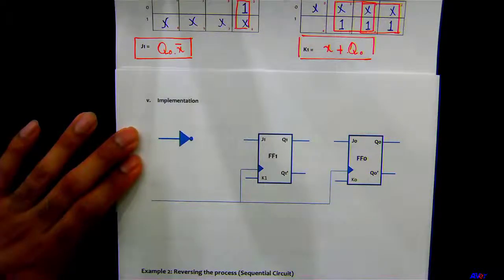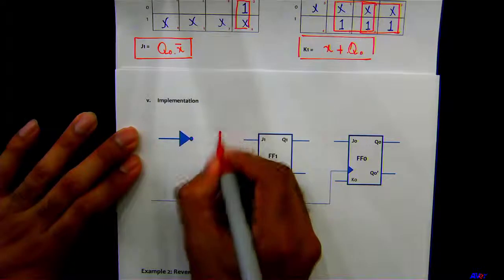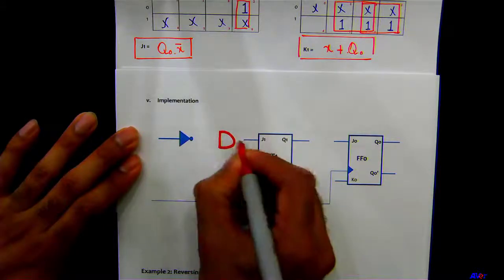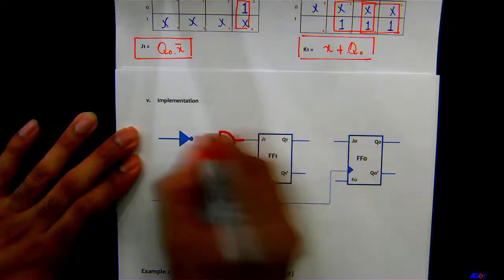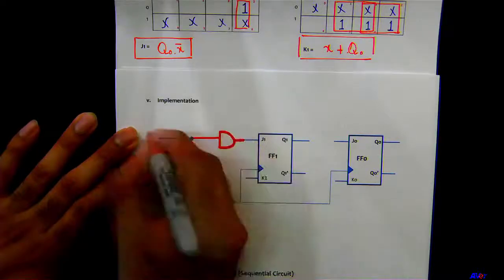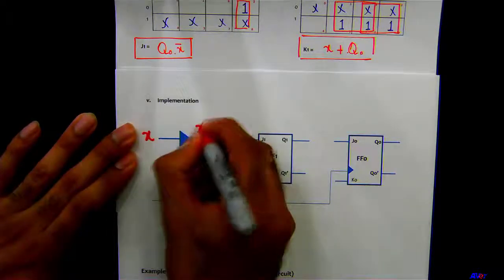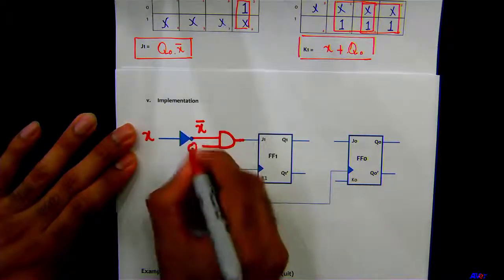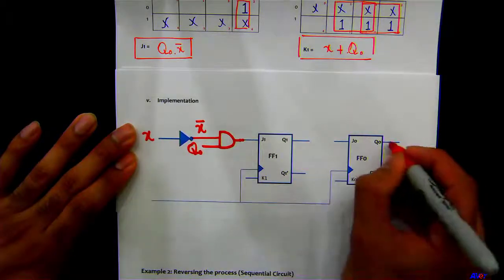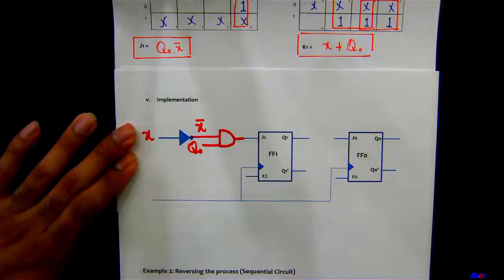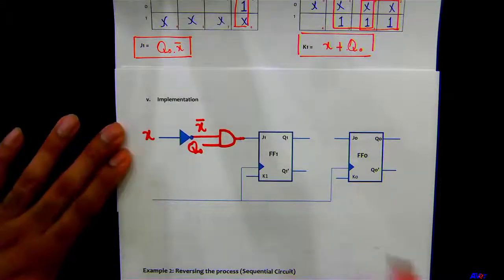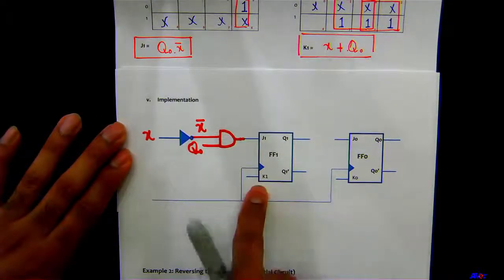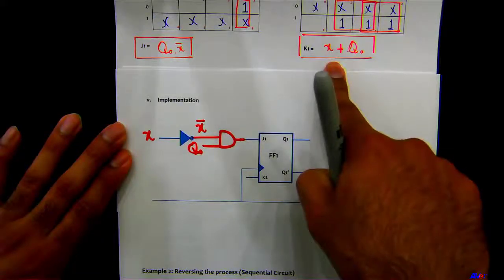So one of the inputs is this X. So this X bar. And then Q0, which is basically this. So you wire this right here. I'll just write the name of the variable. Let's work on K1, which is X plus Q0.